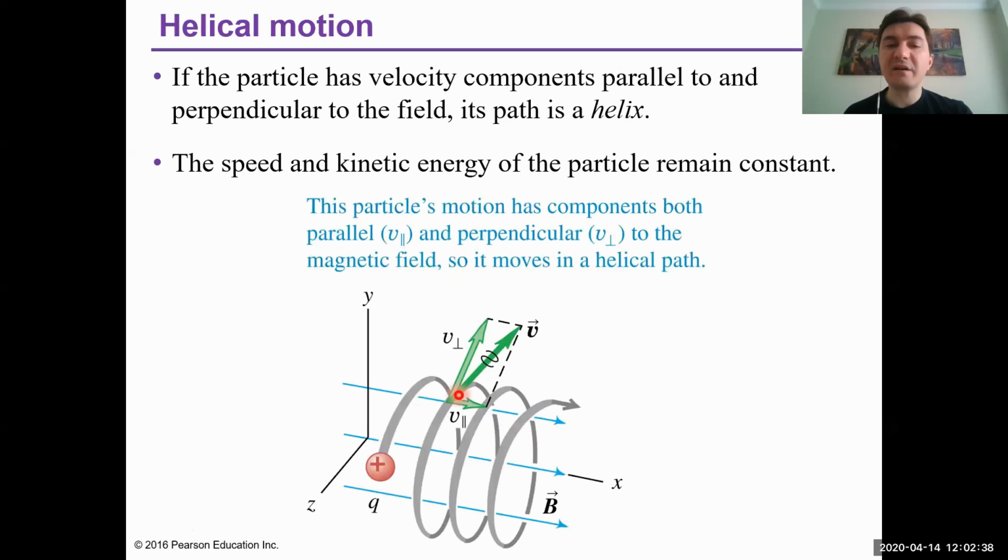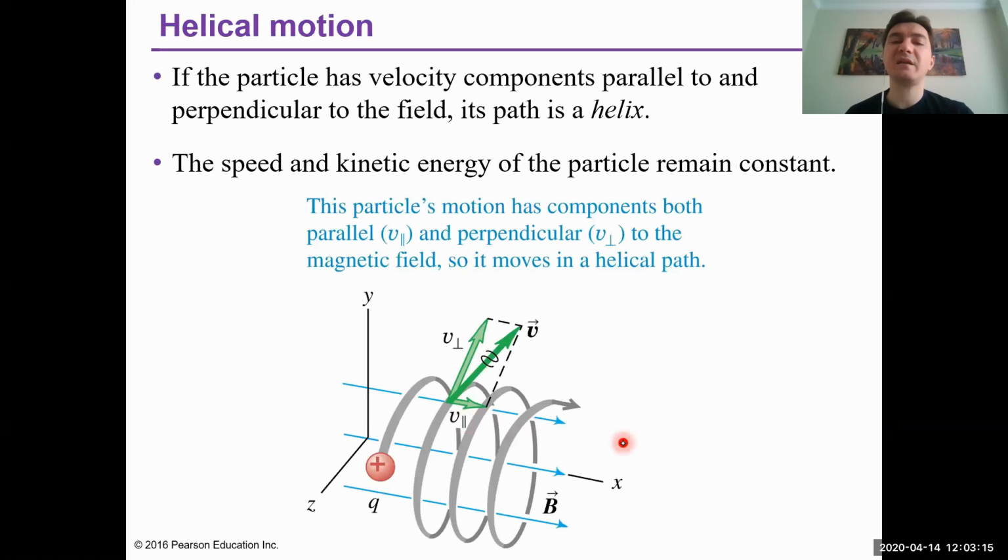If there is a parallel component to the magnetic field like this, here we have the charge q. This is the direction of the velocity of the charge, and this velocity has two components with respect to the magnetic field. The magnetic field is along the x-axis, and this velocity has one component along the x-axis, in the same direction as B, and it has a component perpendicular to the B direction, okay?